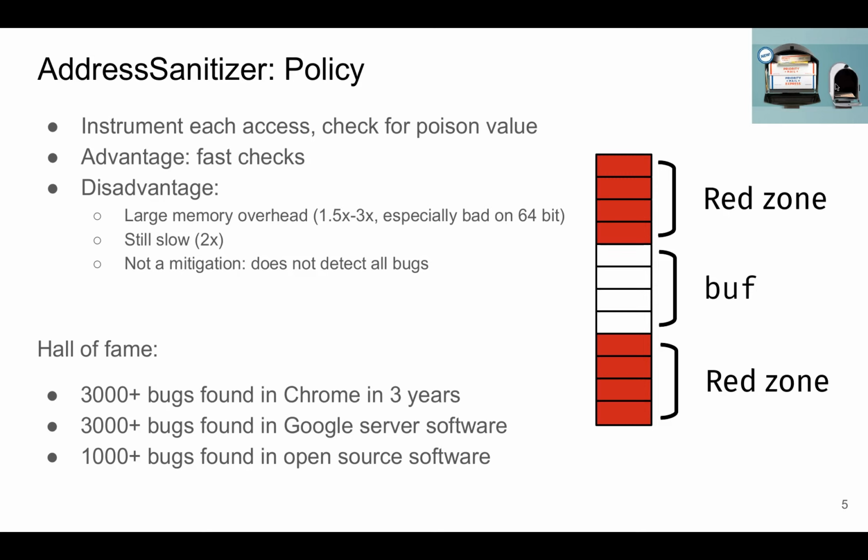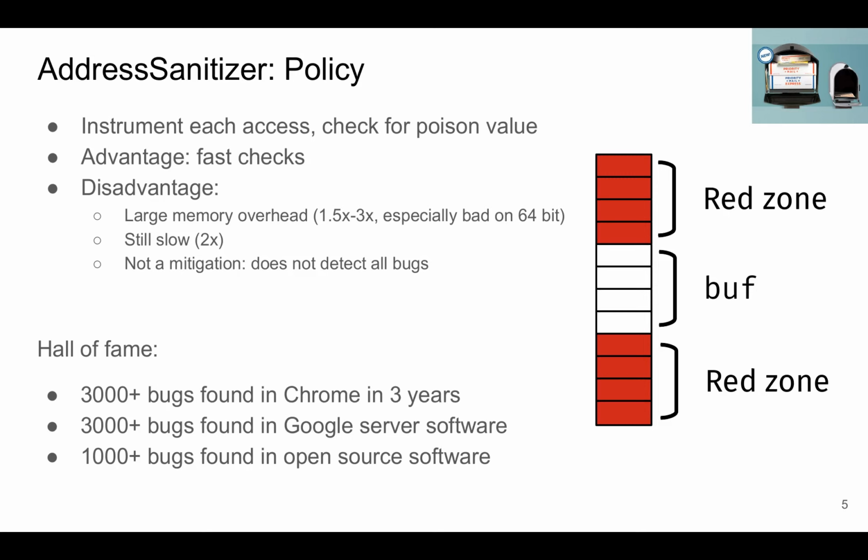So we could add additional red zones into the struct itself, but this would completely break compatibility with any of the code that is not instrumented. So AddressSanitizer does not instrument structs themselves and doesn't add red zones between elements of a struct.